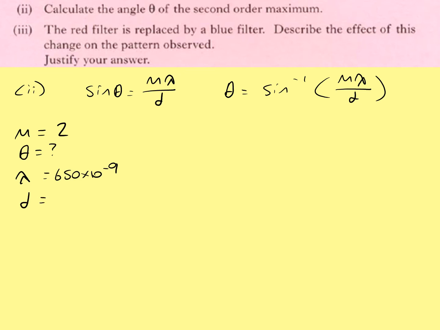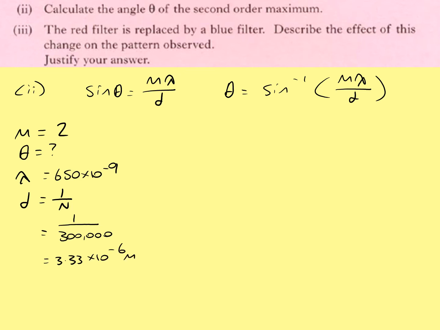Separation between the slits. We're told that we have 300 lines per millimeter, which means we have 300,000 lines per meter. So d is equal to 1 over N, which is equal to 1 over 300,000, which is 3.33 times 10 to the negative 6 meters.